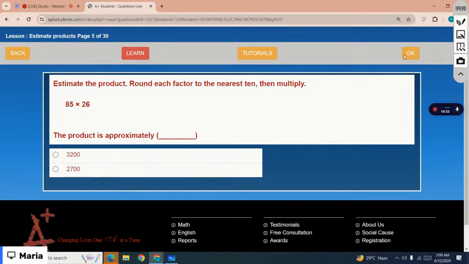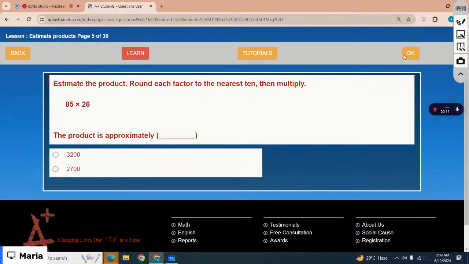Estimate the product, round each factor to the nearest 10 and then multiply. So which is the correct option? 85 is rounded off to 90 and yes, 26 is rounded off to 30.